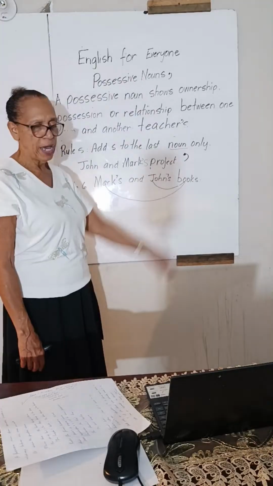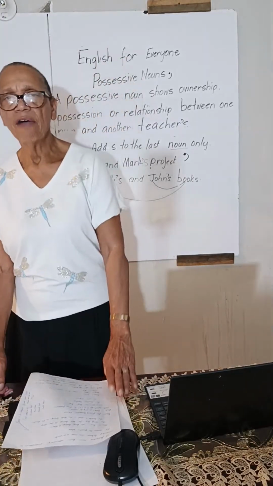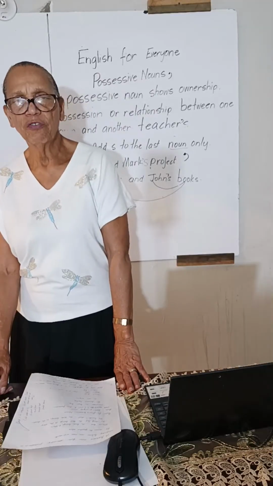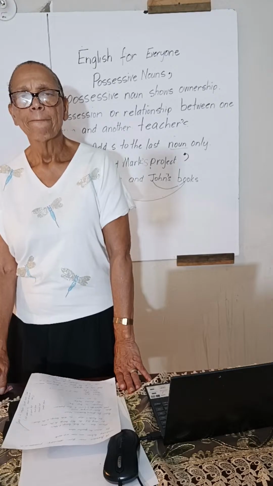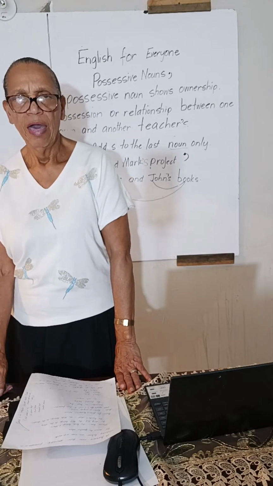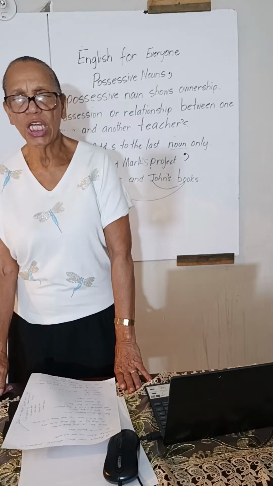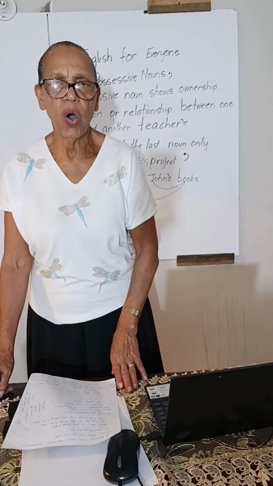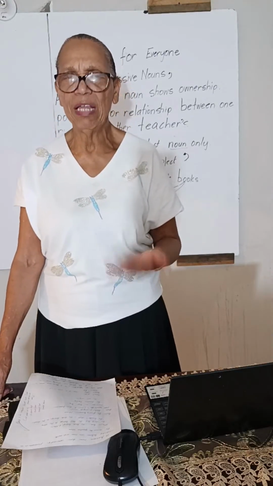So we're going to go again, just for revision. You have the apostrophe when it is one person. Tom's book. Harry's bicycle. Milton's toys. The toys belong to Milton.